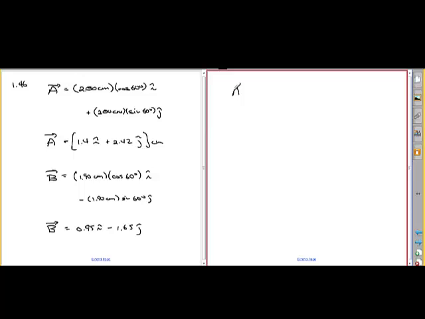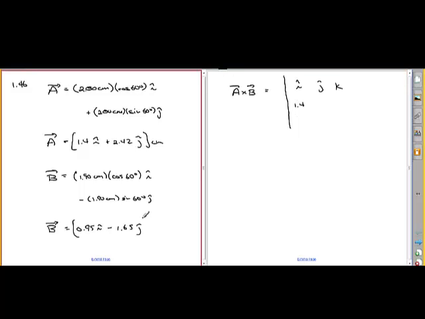So what they want is A cross B, and the way we do that is we set up this 3 by 3 determinant. We have i, j, k. The A vector is 1.4, 2.42, 0, and the B vector is 0.95, negative 1.65, 0. We'll leave the units out, but we'll just have units as centimeters because it's going to be a vector, so we're not squaring anything here.